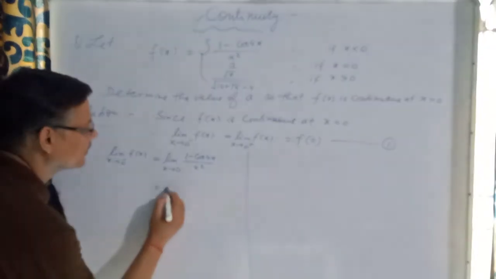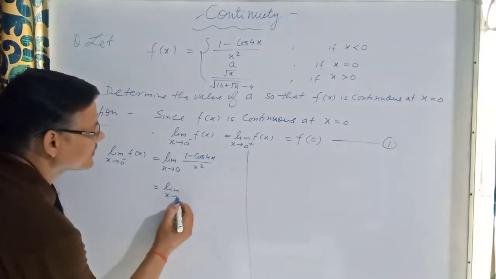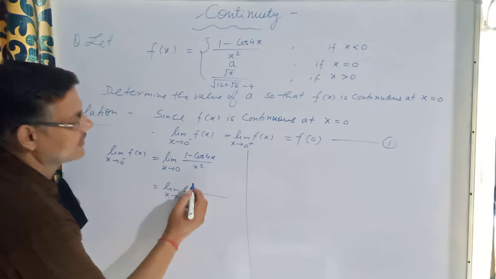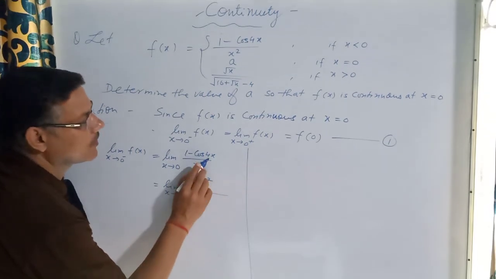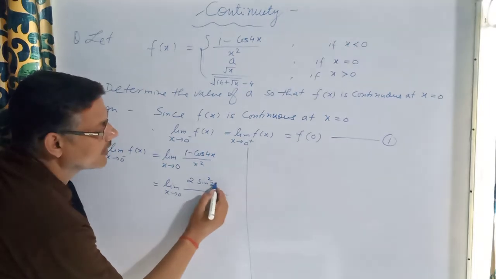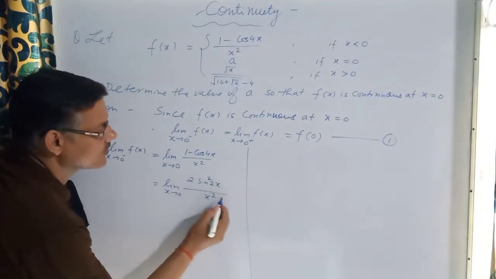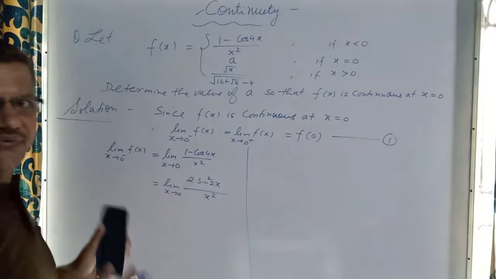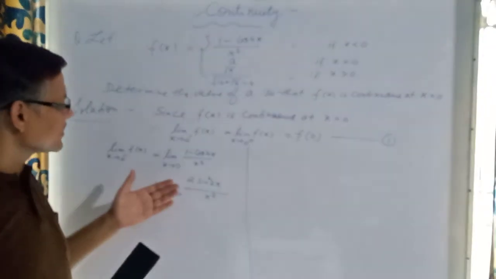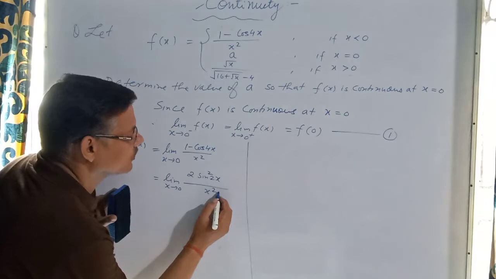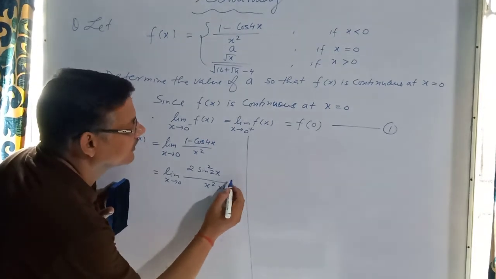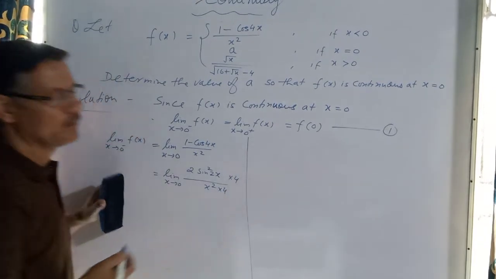Since we know, as x tends to 0, 1 minus cos 2x is 2 sine square half of this angle, that is 2 sine square of 2x, divided by x square. To fit in our results of limits, we are required to have 4 here, so into 4, and that is into 4.